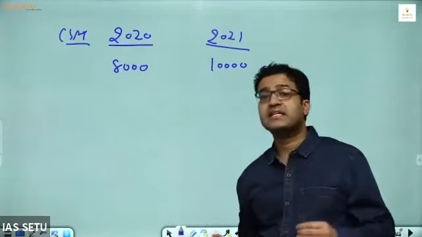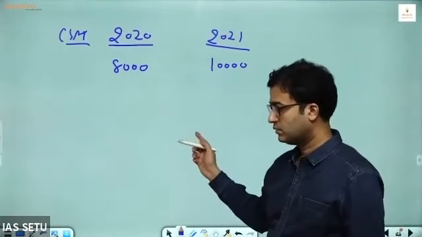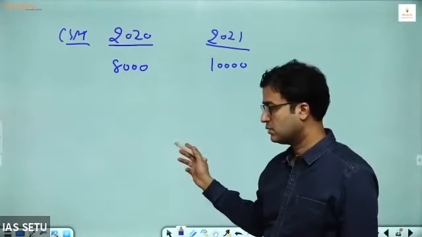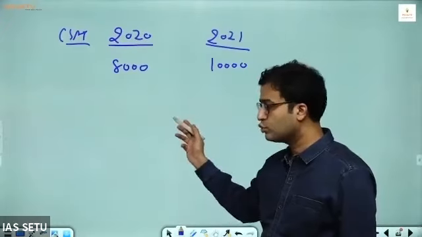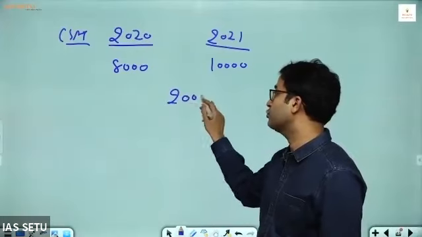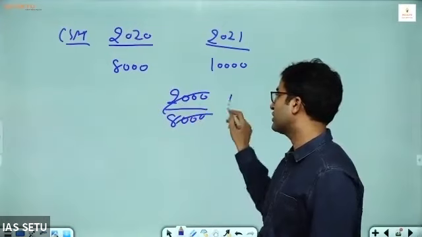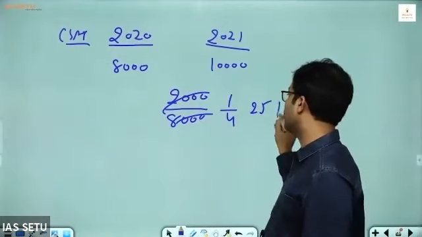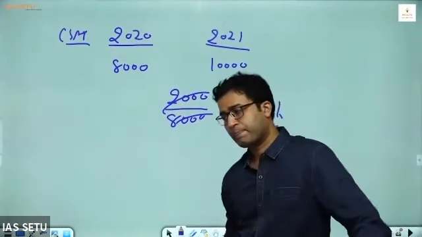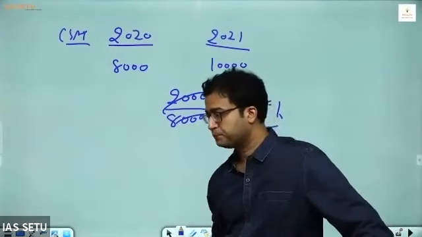How much percentage increase is there? ठीक है, 2 के तो है, परसेंटेज में बोल रहा हूं. Difference, there is an increase of 2,000 as compared to previous, which is 8,000. So there is an increase of 1/4, 25% increase is there. ठीक है.